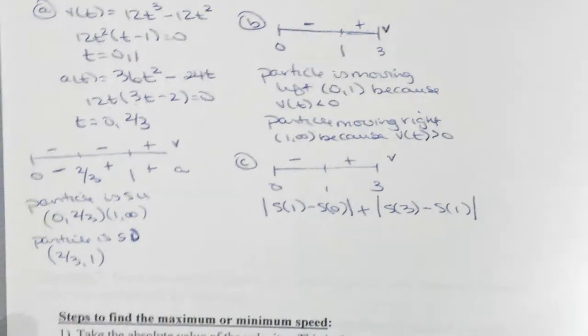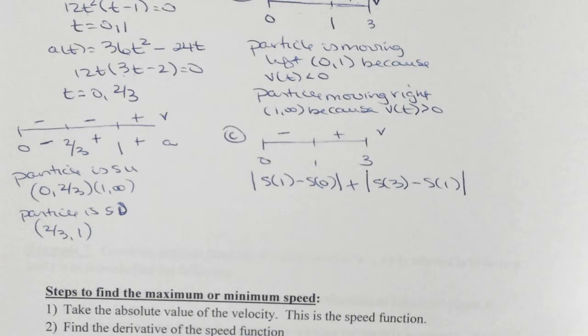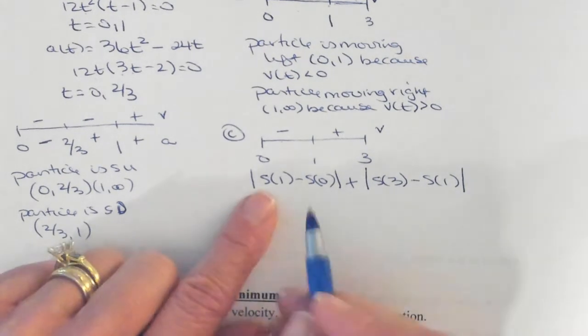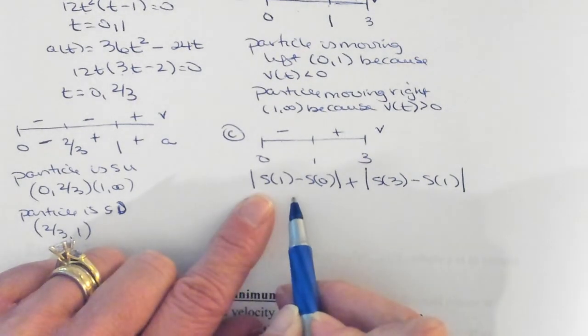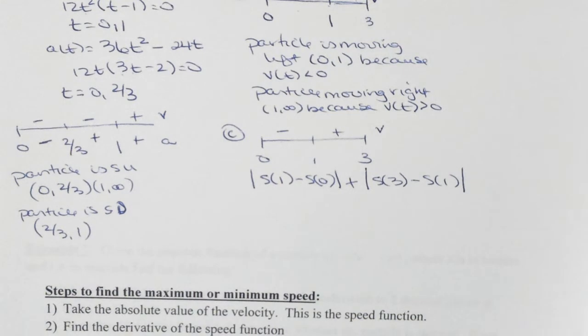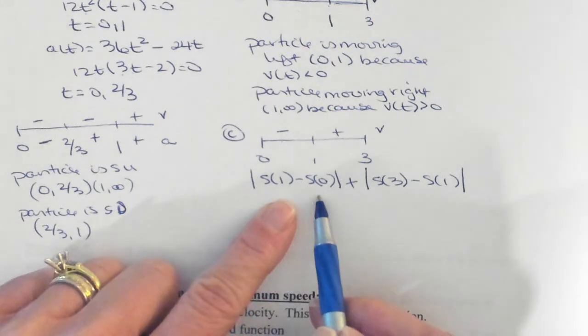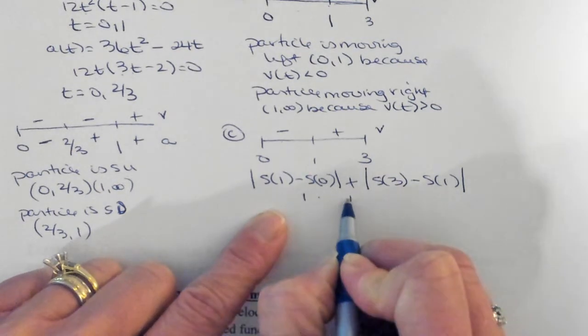What would be helpful to do here? Have a calculator. Absolutely, use my calculator. Did anyone get this distance right here? It's just the absolute value of negative 1, so this is 1, right? Plus, what's this?